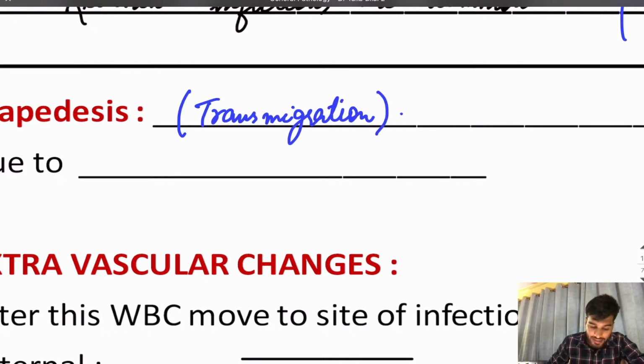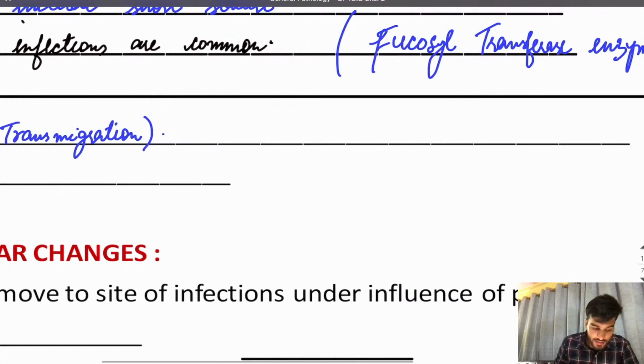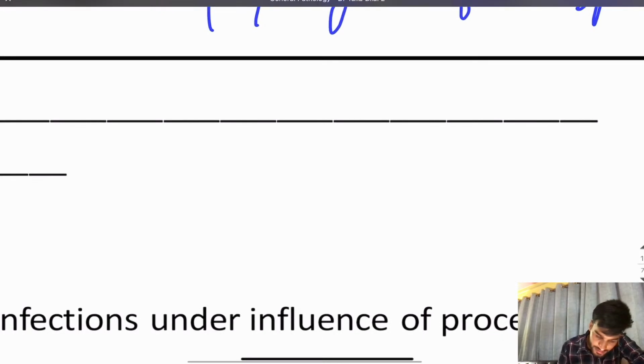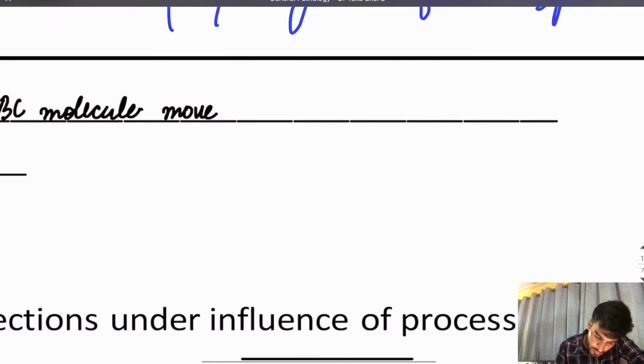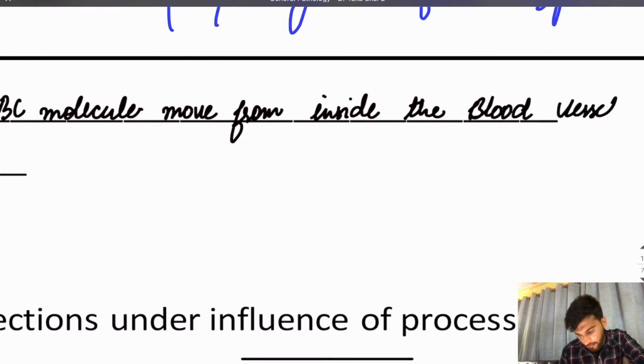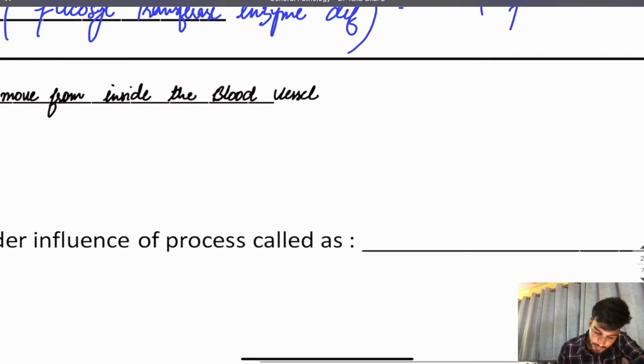Now what exactly happens in diapedesis? The WBC moves from inside the blood vessel and tries to move outside, through the basement membrane.